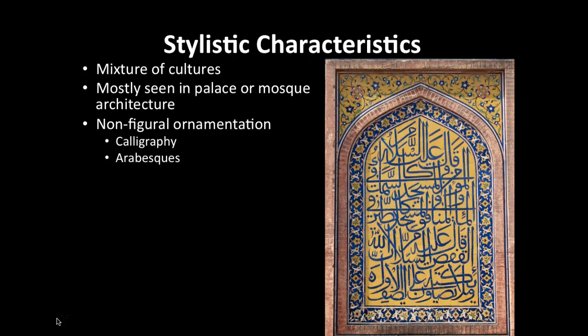So while technically images aren't banned, like they had been under the Byzantines with the iconoclasts, it's more of a tradition. So most Islamic art is going to be non-figural, and that will include geometric forms, arabesques, abstractions of organic forms, and then there'll also be a lot of vegetal forms, so it looks kind of like vegetation.